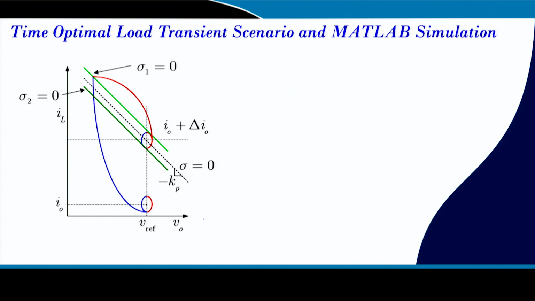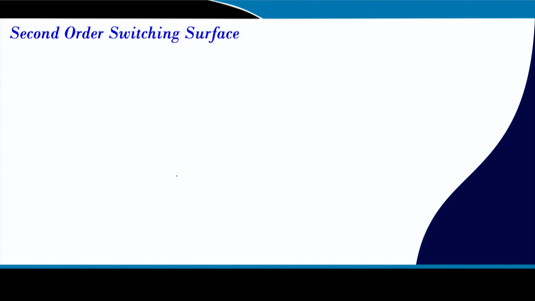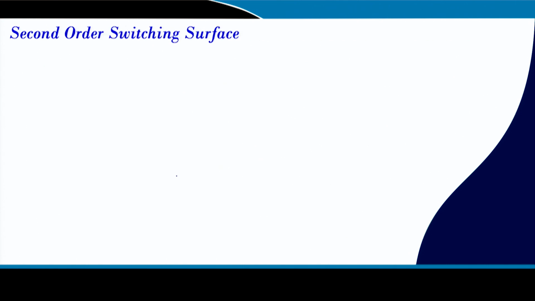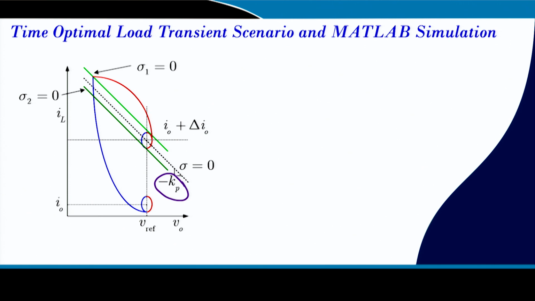So, the optimal transient scenario and the MATLAB case study have shown that, close to optimal, the choice of the proportional gain is very important. This plays a significant role in shaping the transient response. Now, second order switching surface, because here we have taken first order switching surface. For first order switching surface we need to optimize Kp, otherwise you will end up with either under damped behavior or over damped behavior, or there can be a high overshoot and undershoot.